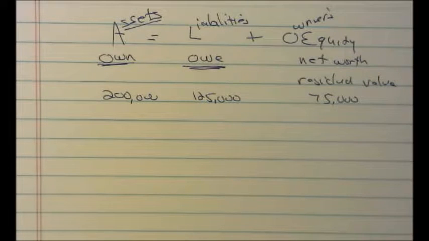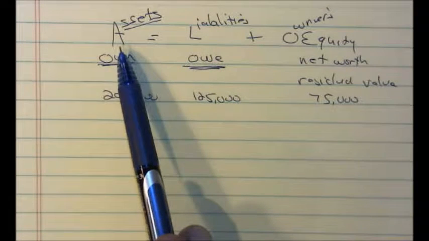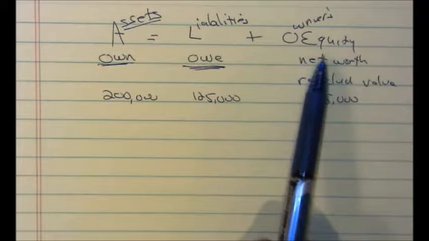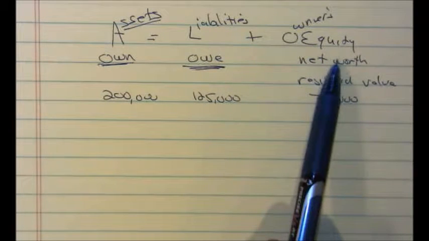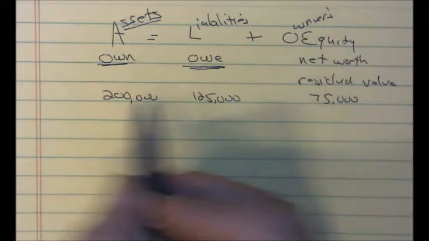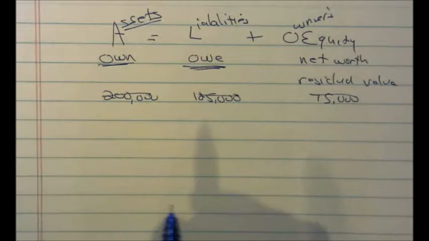Now we know that we have to take it to the next step. If this is our business, right? We have our assets and our liabilities and our equity. We want to know how this changes, right? Because this is really the owner's investment in the business. So let's think about this a little bit. Let's forget about this now. Okay, those are gone. Say that the owner takes money out of his own pocket, right?